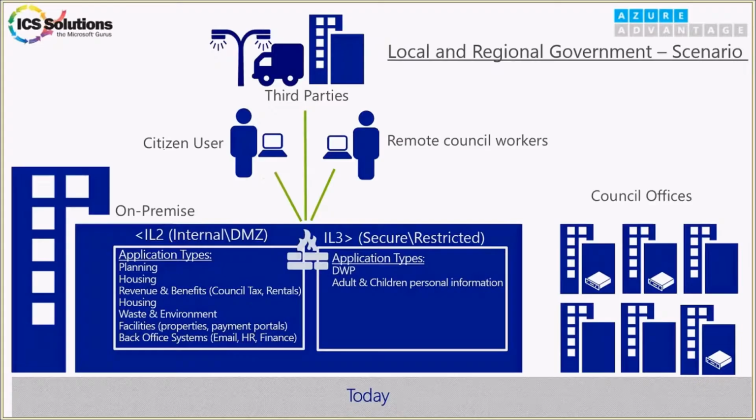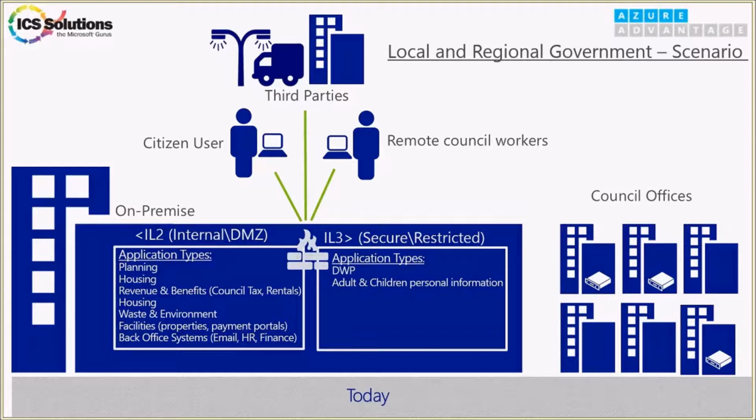What we have here is a scenario of a local and regional government that we've been working with, and to the left of the screen are sort of how the applications and server environments are built up, along with classifications of that data.